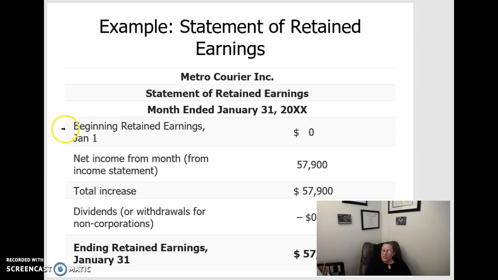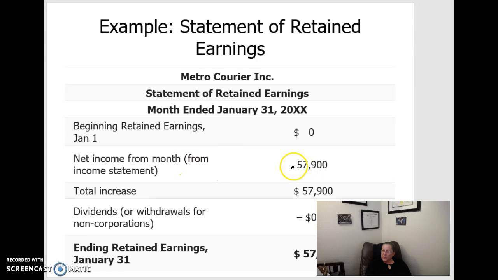When a business first opens, they will not have any retained earnings. Retained earnings is something that grows from year to year. So in year 1, the retained earnings balance would be 0. And then we're going to add to that the net income from the previous month or year. And you get that directly from the income statement.